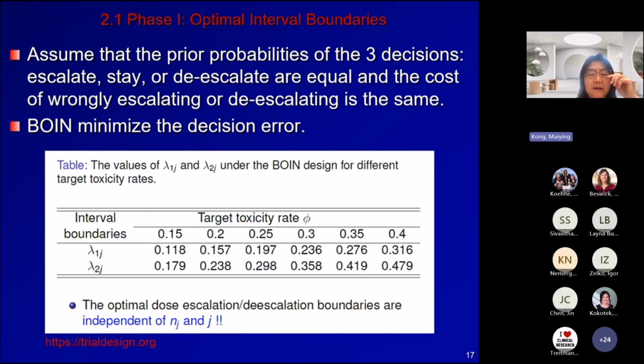So, for example, here, in this target population, the target toxicity, say, is 0.2.